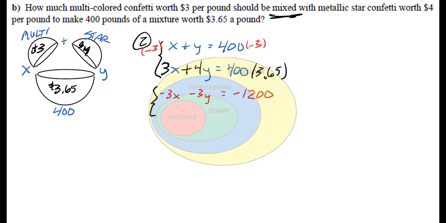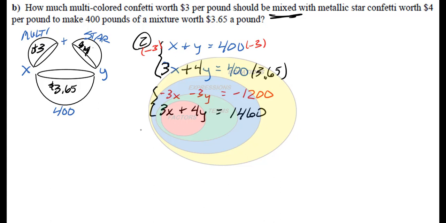And the bottom equation will just stay the same, 3X plus 4Y equals 400 times $3.65, which is 1,460.